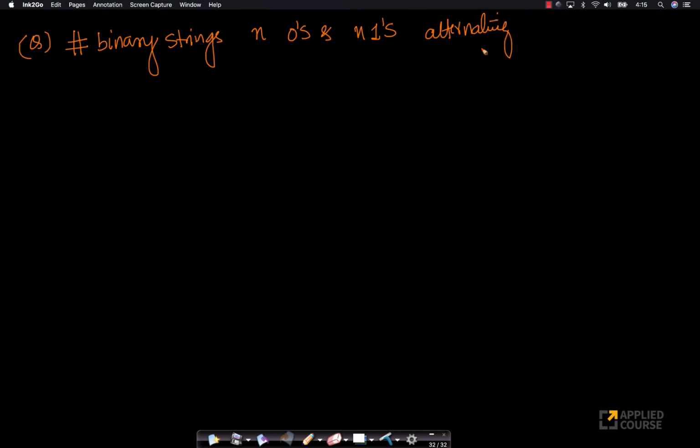Look at this. My 0 and 1 are always alternating. I cannot place two zeros together or two ones together. I want to construct a binary string which has n zeros and n ones such that my zeros and ones are always alternating. And how many ways can I do it?